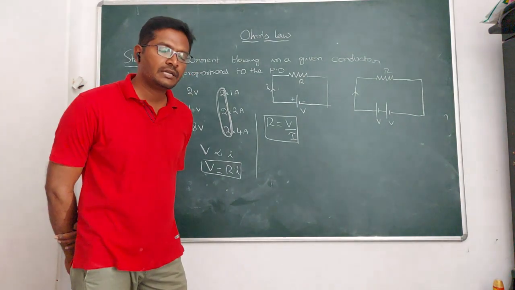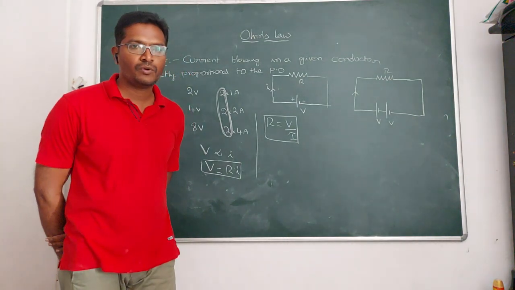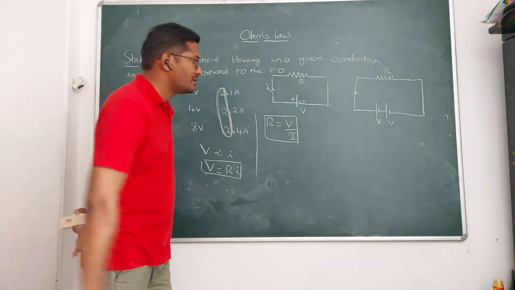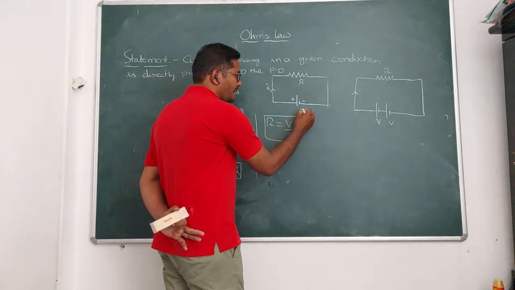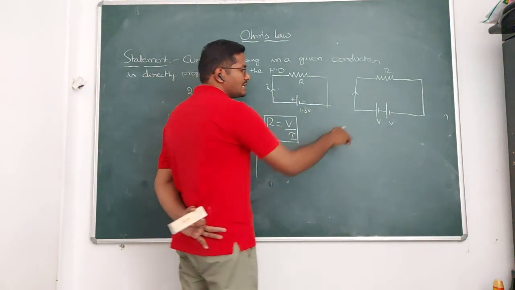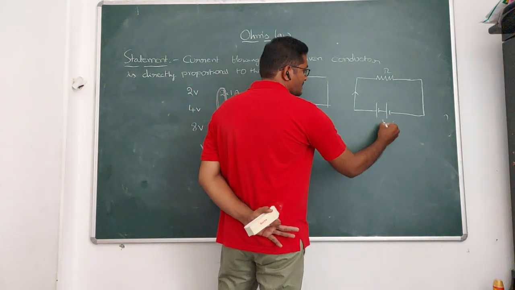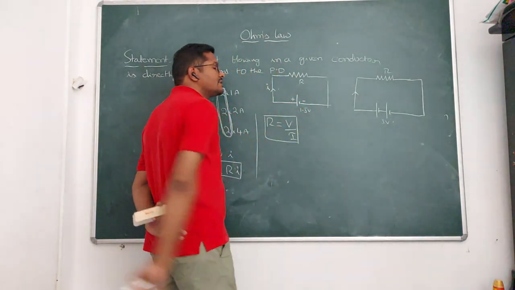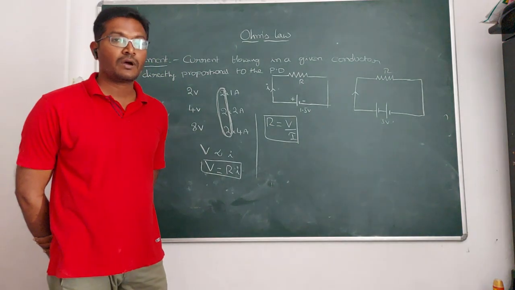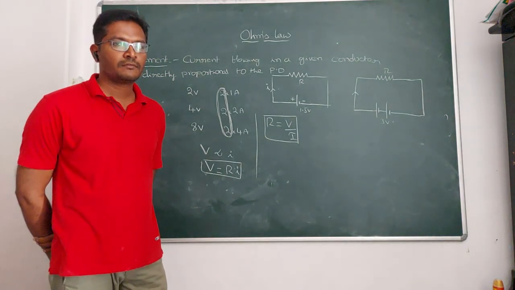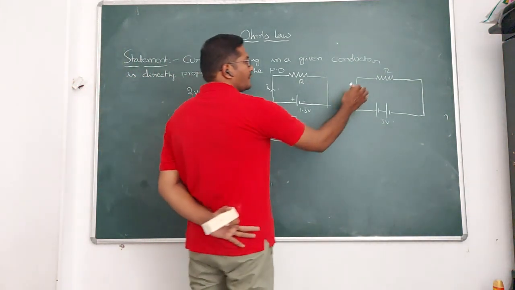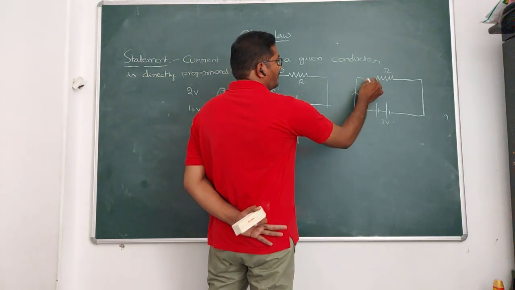Generally a cell has about 1.5 volts. So suppose this has 1.5 volts. If you add two cells, then it becomes 3 volts. Then find out how much current is flowing in the circuit. How do you find the current? You need to add an ammeter here.